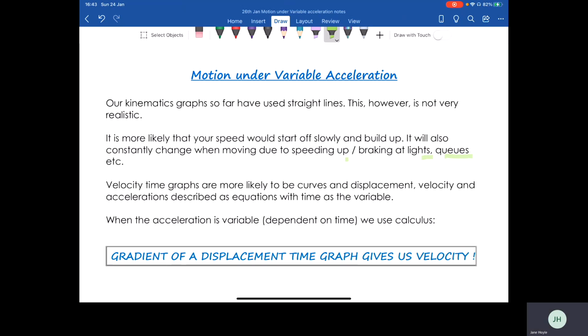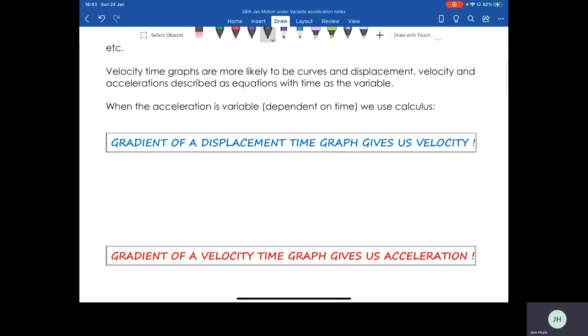And what we do, we use calculus, we use differentiation and integration. You have, for quite a long time now, been very used to finding gradients of curves by finding the gradient of the tangent, by finding dy/dx. It's exactly the same here. So starting with this blue statement here, we already know that the gradient of a displacement time graph gives us velocity.